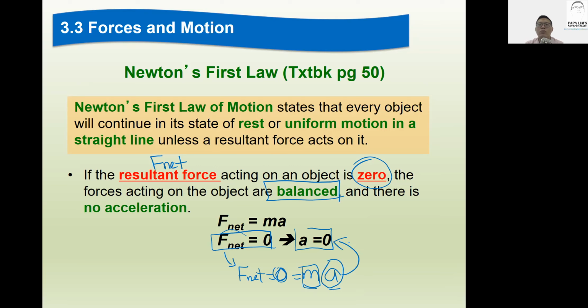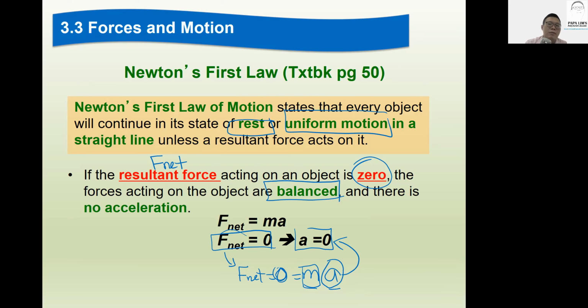So when we say Newton's first law, and when we say that the net force is balanced, we are actually indirectly saying that the acceleration of the object is 0. And that's what Newton's first law says. When the object is at rest, which is stationary, what we mentioned in the previous slide, or is moving at constant speed, it will maintain this position, this particular motion.